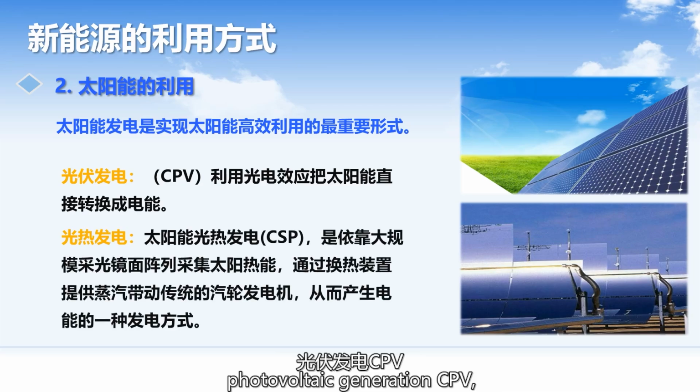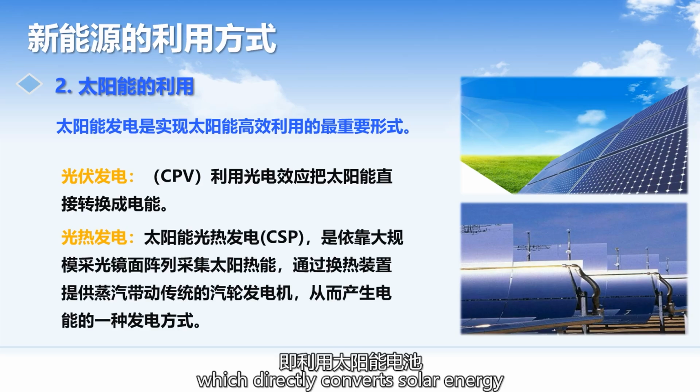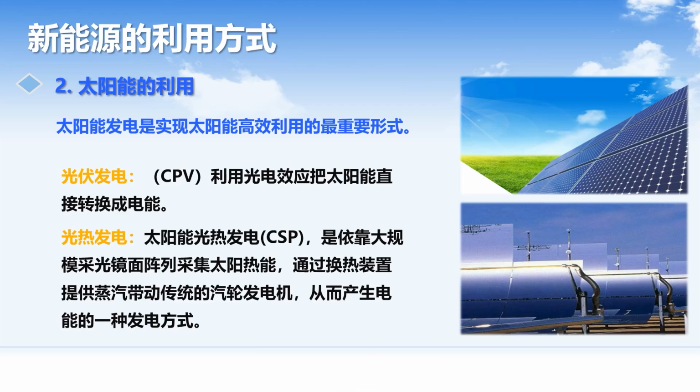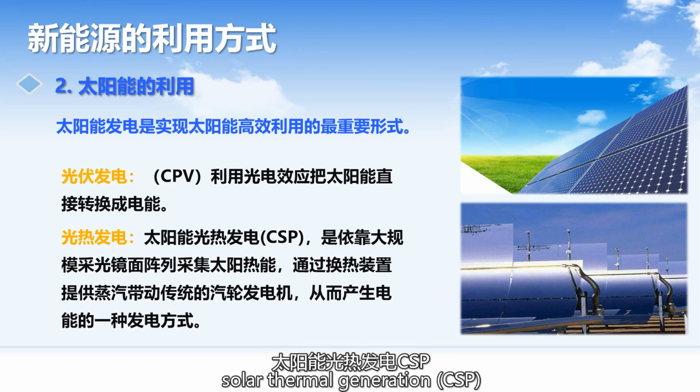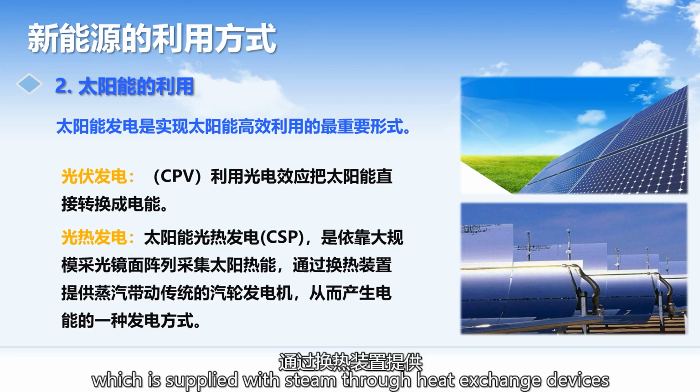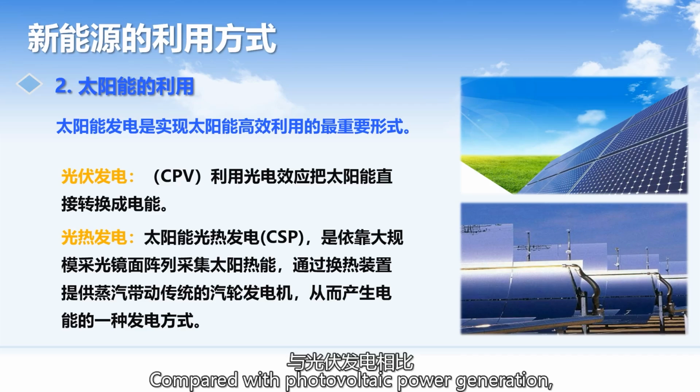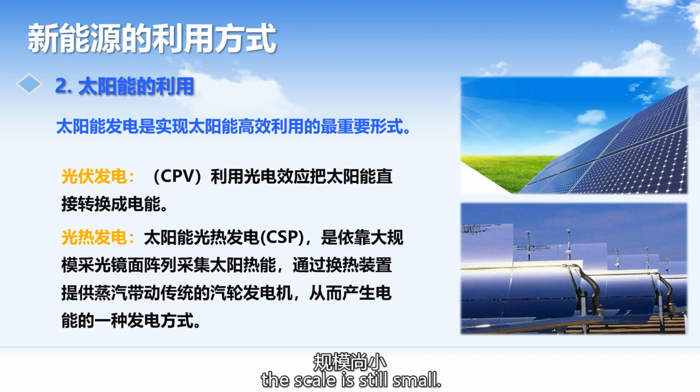Firstly, photovoltaic generation (CPV), which directly converts solar energy into electricity using solar cells. Secondly, solar thermal generation relies on solar mirror arrays to collect solar thermal energy, which is supplied with steam through heat exchange devices to drive turbine generators to generate electricity. Compared with photovoltaic power generation, the scale is still small.